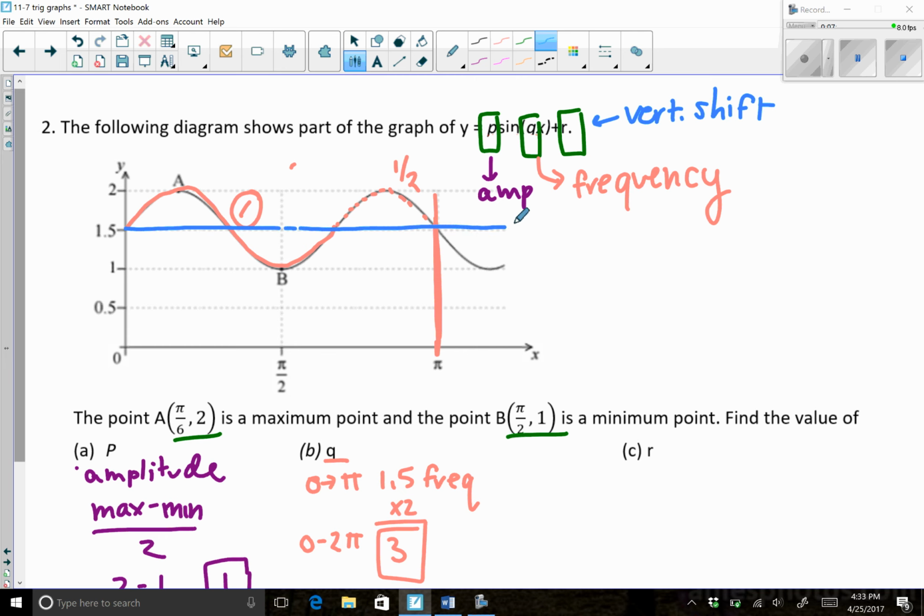It's very similar to how you calculate the amplitude, or just work from a max. I know the amplitude is 1/2, so the midline has to be there, even to the minimum. But if that's really confusing you, again, you could always do max plus min, divide by 2, and you should get the r value. Your shift up is 1.5.